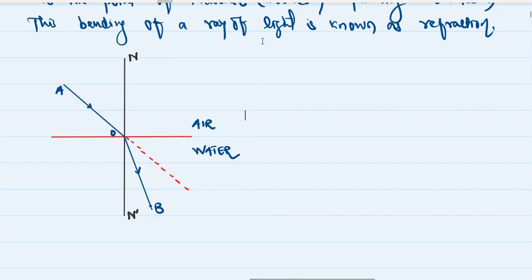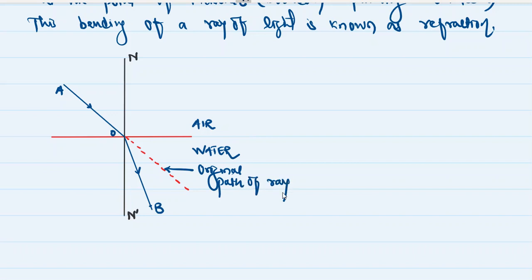Okay, so as you can see over here, the dotted red line shows the original path of the ray. I will erase that for a moment, but if you want to take a note, please take a note. This is nothing but the original path of the ray.